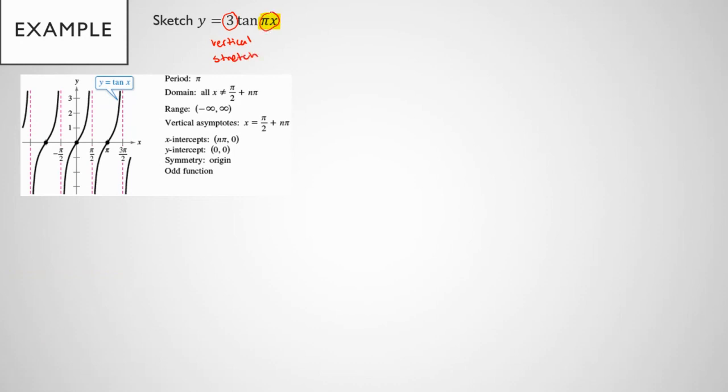And then this pi x, because we have the pi, is going to do stuff to x. It's kind of hard to describe what it does, so I usually just note that the pi affects the asymptotes, the period, and the domain, because all of those are based off of x values.